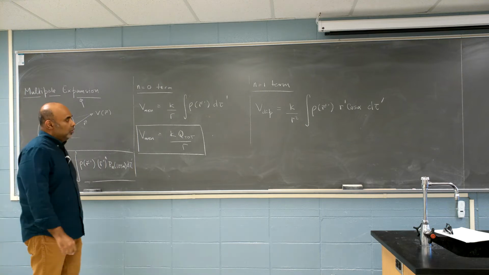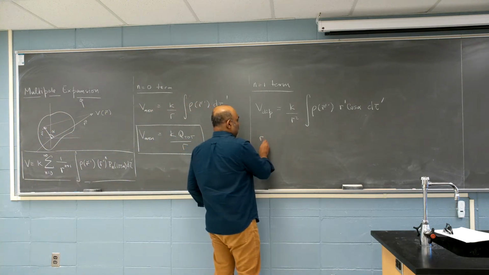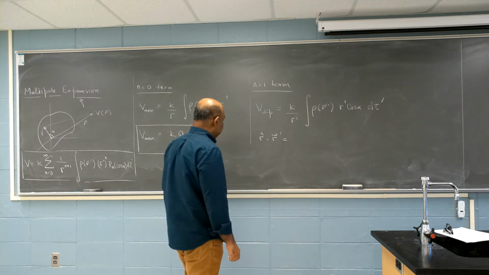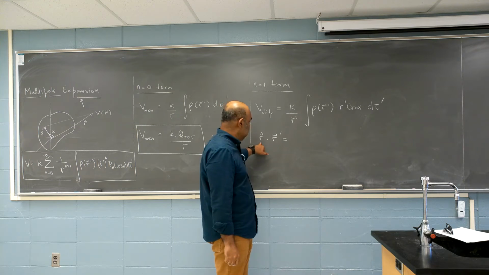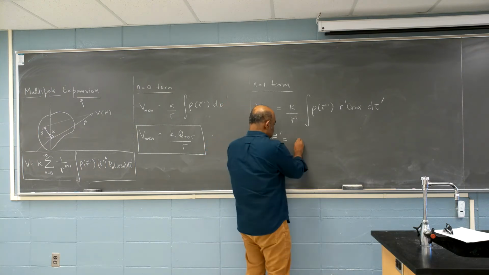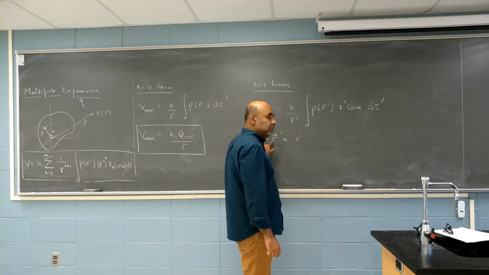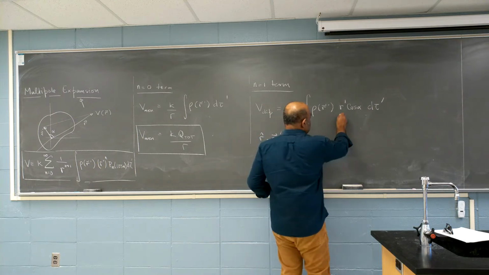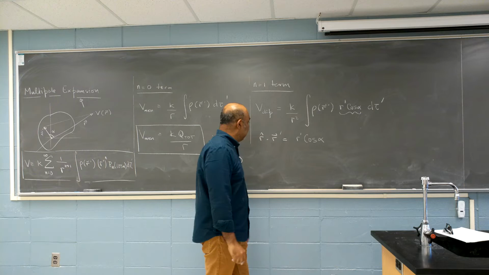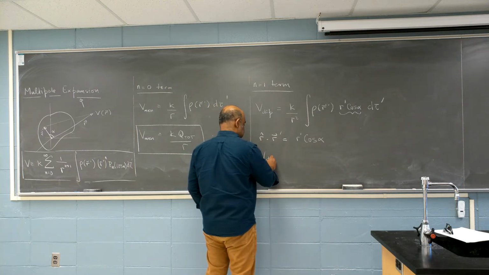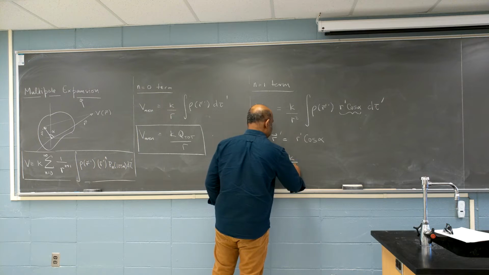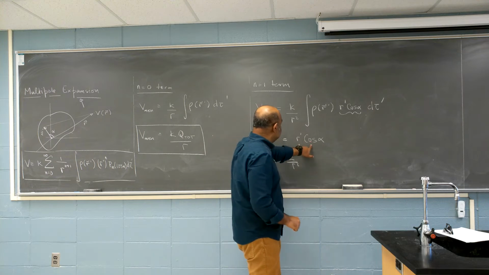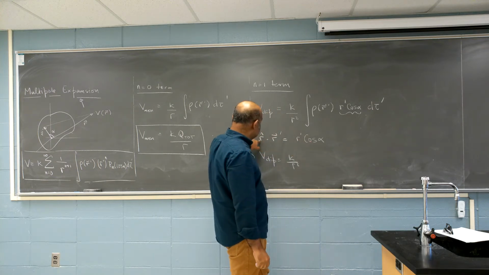So from this picture, what is r hat dot r prime? It's the magnitude of r hat, which is 1, times the magnitude of r prime, well, which is what we call r prime, times cosine of the angle between them. So guess what? That's exactly that. Therefore, I'm going to replace this with this. Except I'm not integrating over this, right?